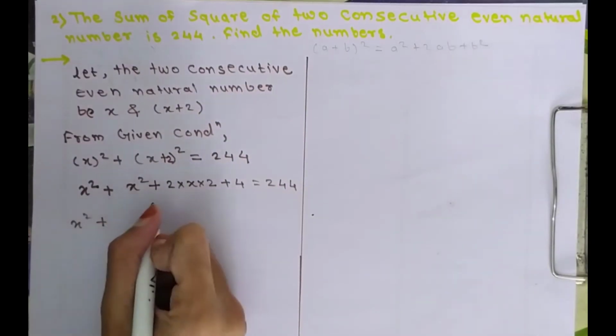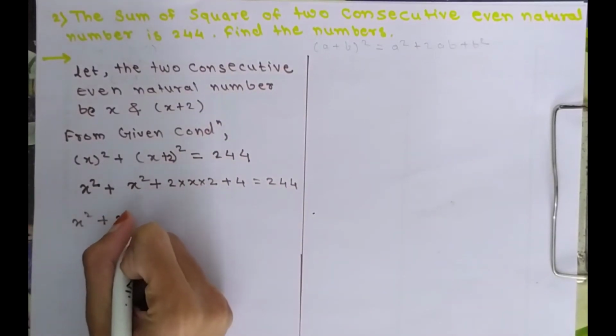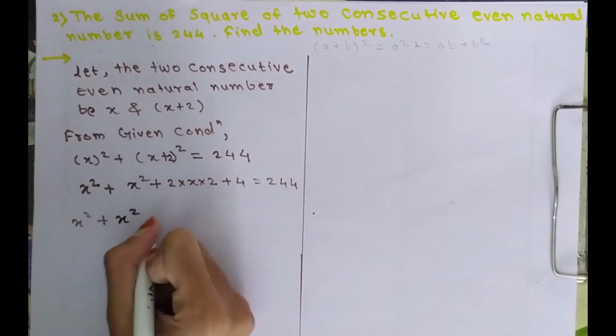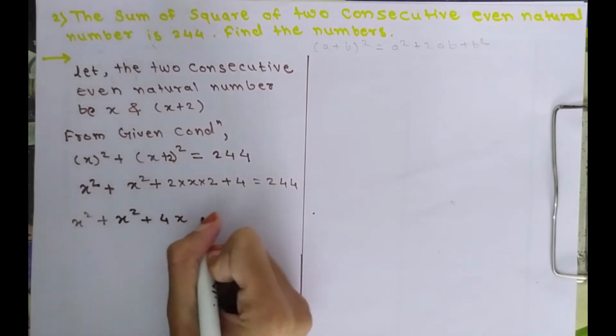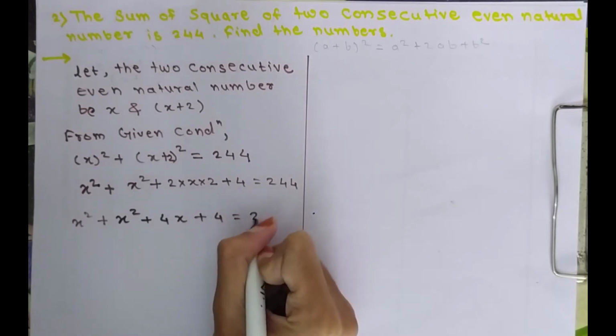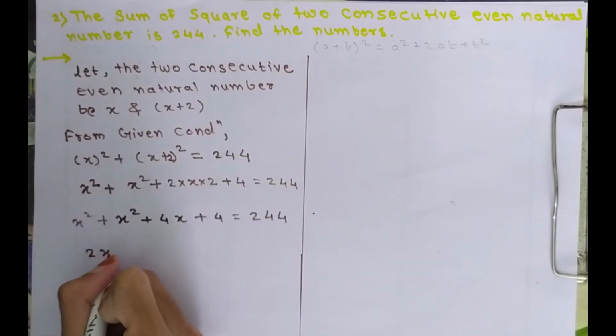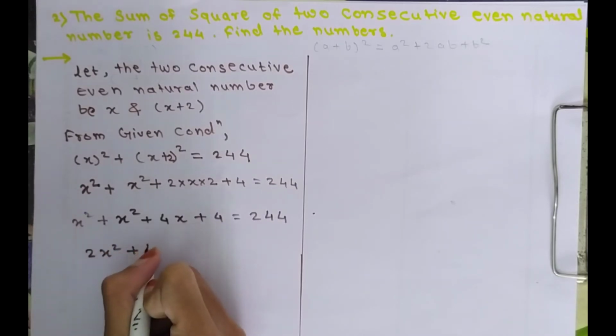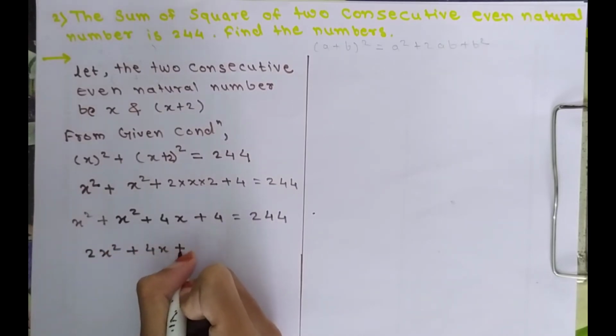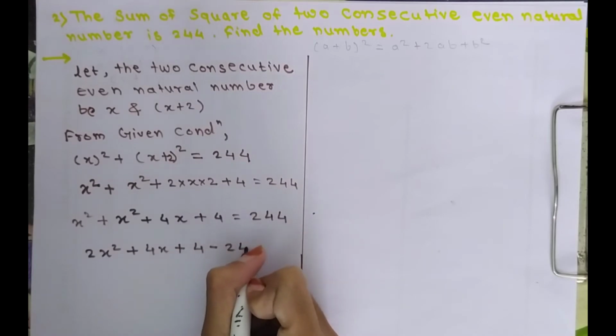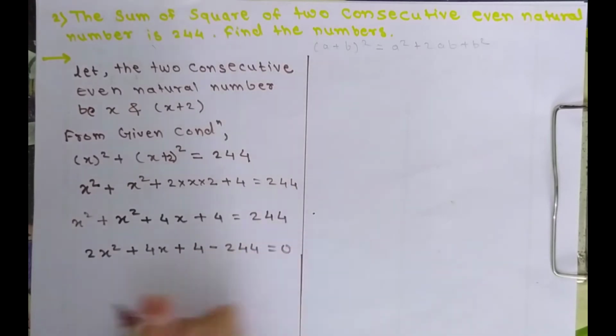So x square plus this x square, and 2 into 2, 4x plus 4 is equal to 244. Now 2x square plus 4x plus 4 minus 244 is equal to 0.